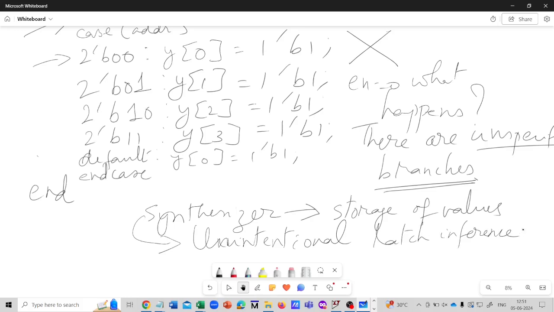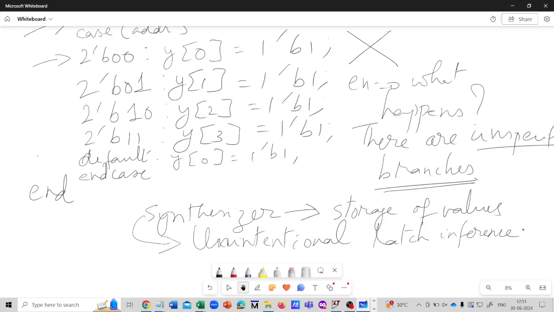The value of a particular line can be stored only if we use a latch. Of course, we can use a flip-flop, but here we are not specifying the usage of a clock. Therefore, the synthesizer unintentionally infers a latch for all these lines.